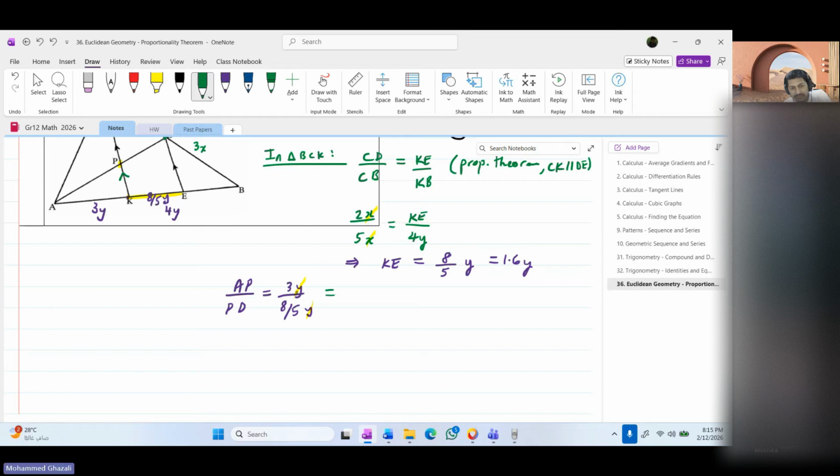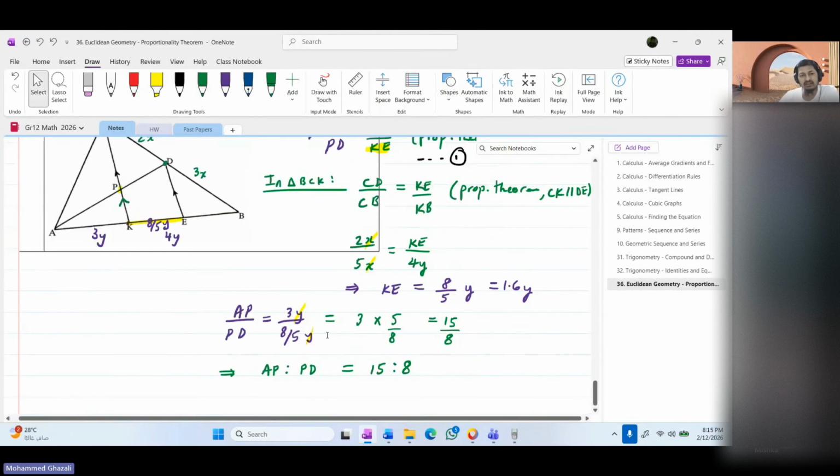And now we have 3 divided by 8 over 5, so 3 times 5 over 8. So what we have? 15 over 8. This implies, write it in the original form, AP to PD is equal to 15 is to 8. Write it in final ratio form. I hope you guys understood that.